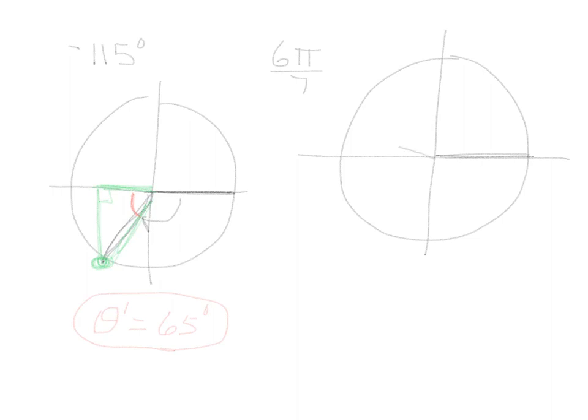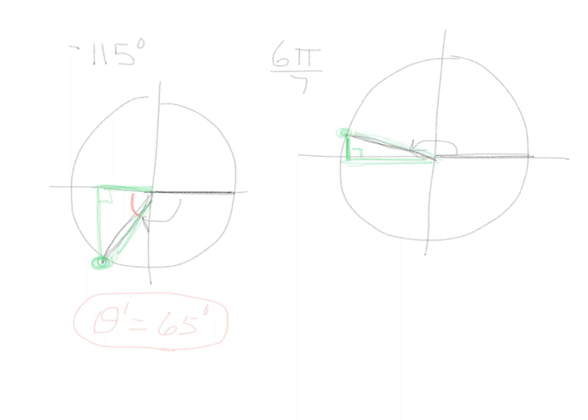Well, 1 pi would be here directly across, so it would be about like that. Now we can switch and draw our reference triangle. Again, we drop this perpendicular to the x-axis. That creates our triangle. You can see what the triangle looks like.